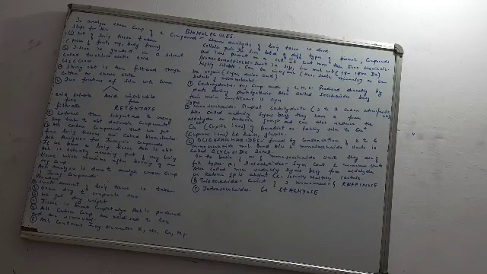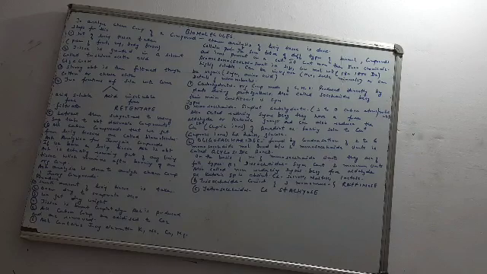Now there is another term which I am introducing, that is biomicromolecules. Very simple to understand. Those biomolecules which are small in size and have low molecular weight, they are known as biomicromolecules. So what are the two characteristic features of biomicromolecules? Number one, they are small in size.